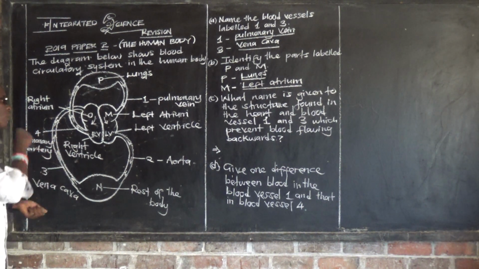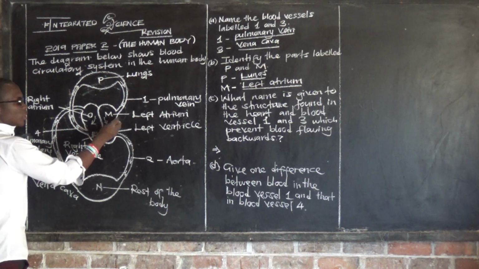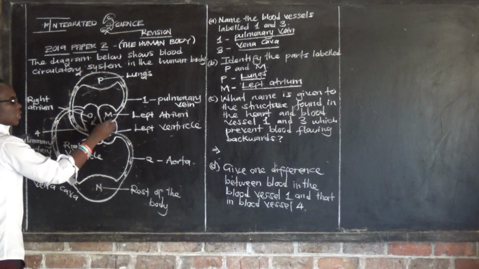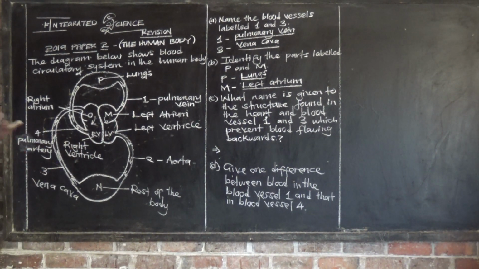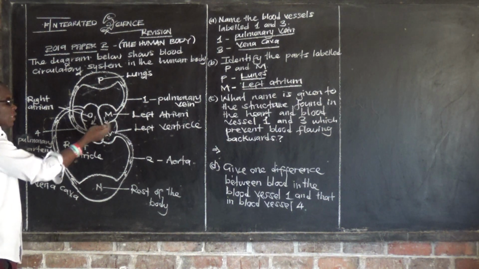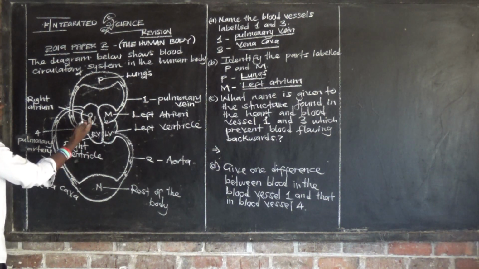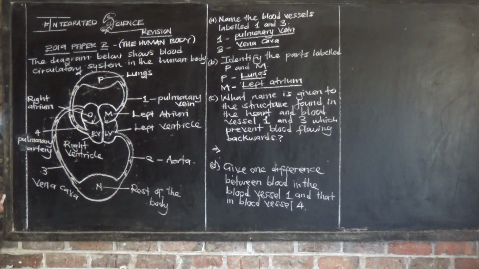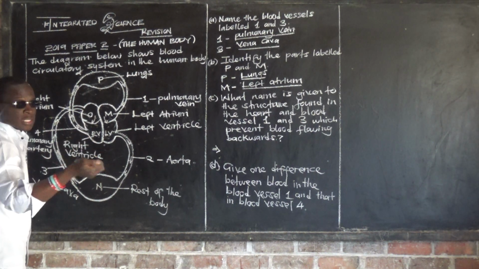Like I'll give an example. In between the left atrium and the left ventricle, we have the valves which we call bicuspid valves. Then in between the right atrium and the right ventricle, we have valves which you call tricuspid valves. Then at the base of the pulmonary artery and the aorta, we have what we call the semilunar valves.